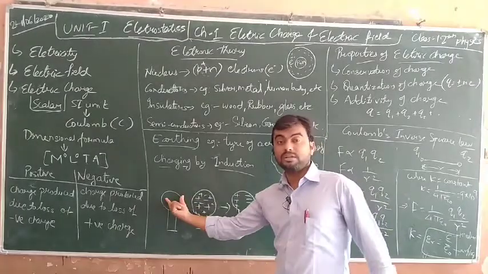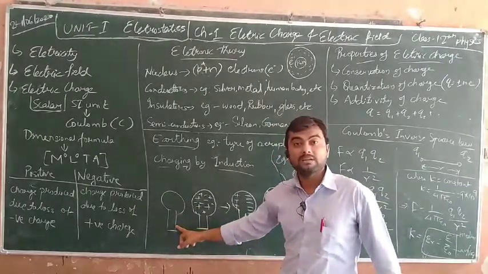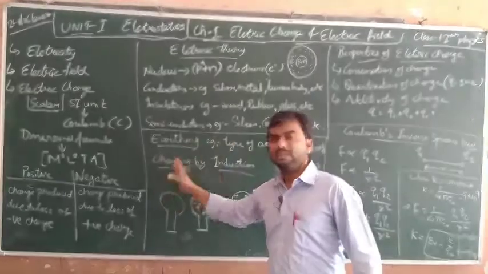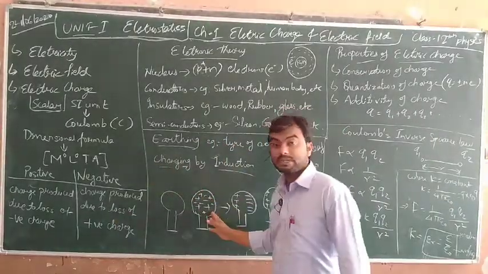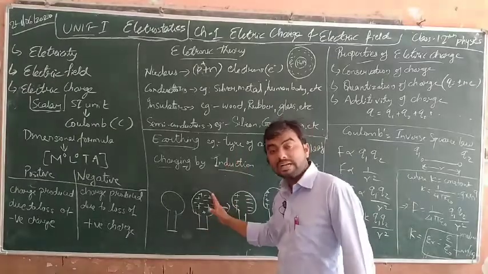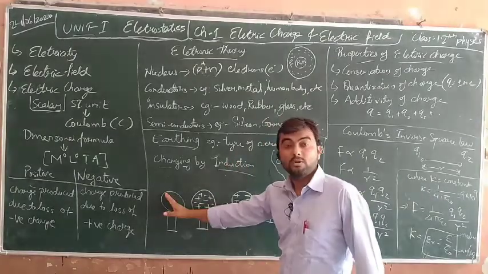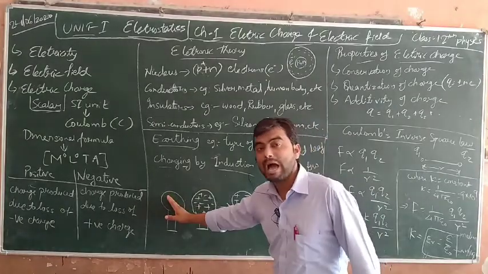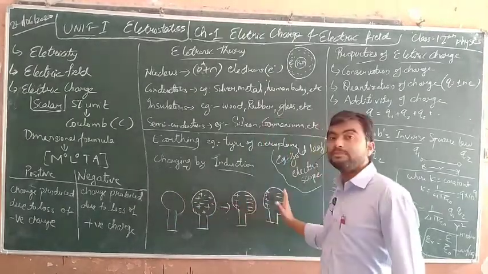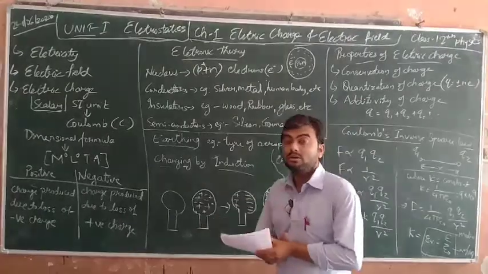Suppose you take a substance on an insulator stand, and we don't know whether it's charged or not, and we take another substance which we know is charged and bring it close to the uncharged substance. After some time, they are going to arrange themselves according to their orientation.